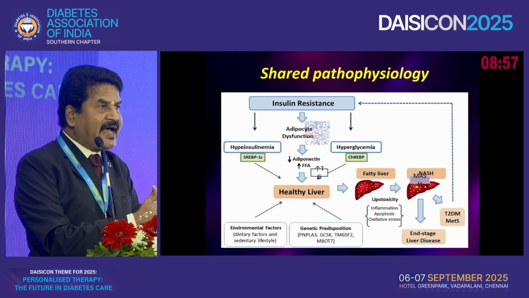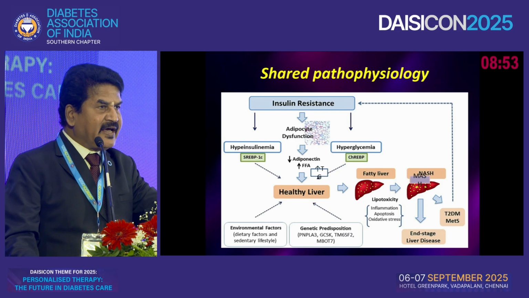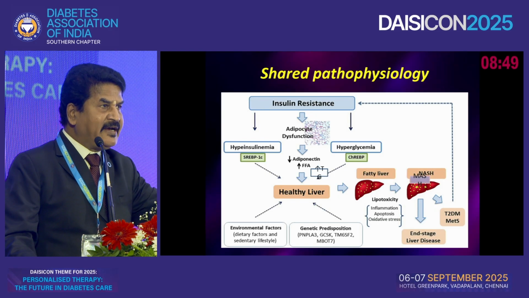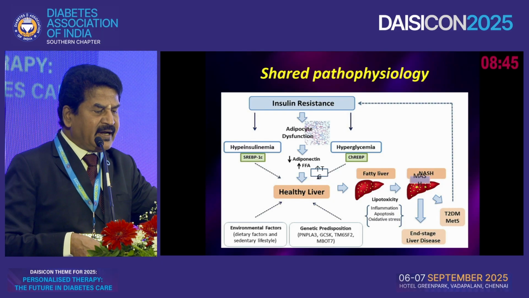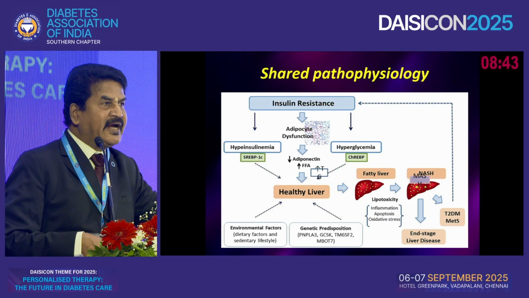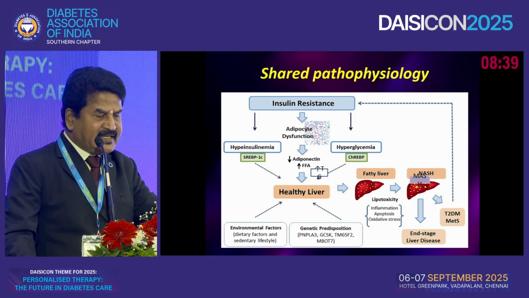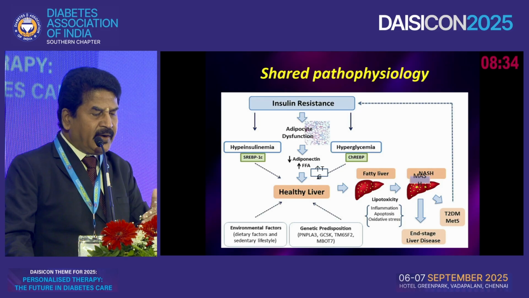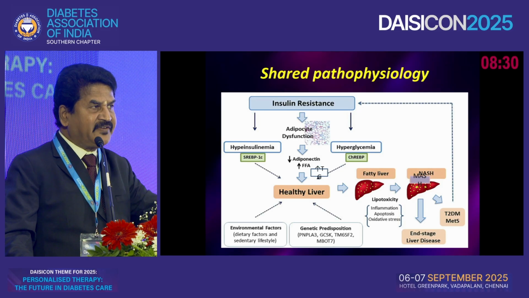So what is the shared pathophysiology? We told you it is insulin resistance in the background of environmental factors and genetic predisposition, which leads to adipocyte dysfunction and reduction in adiponectin, which leads to elevated FFA and elevated TGL, which leads on to fatty liver in the background of lipotoxicity like inflammation, apoptosis and oxidative stress.